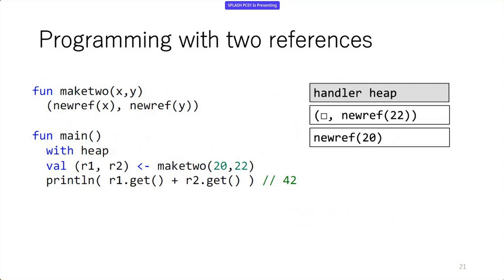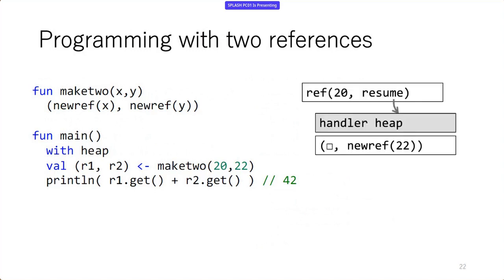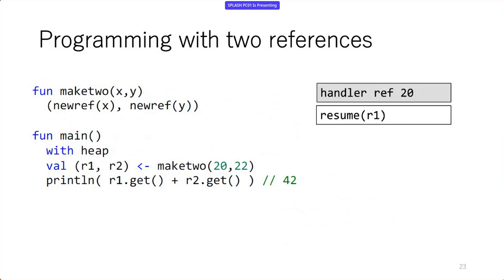And this operation call turns into a call to the ref function with the action argument being the resumption of the first cell. And this function call turns into an application of resume to the handler name R1 surrounded by the reference handler.